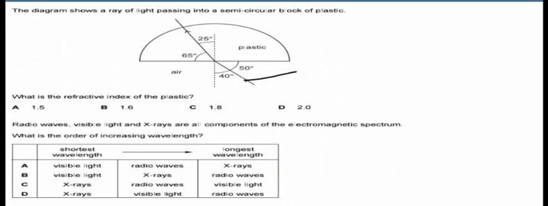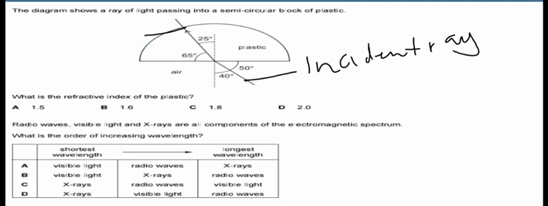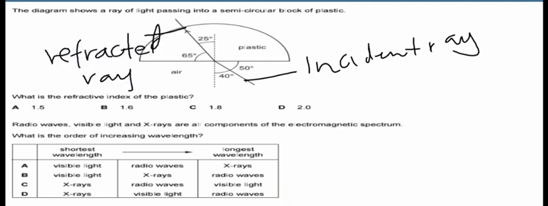So this one is going to be our incident ray. Then where the ray is going, this one is going to be the refracted ray.